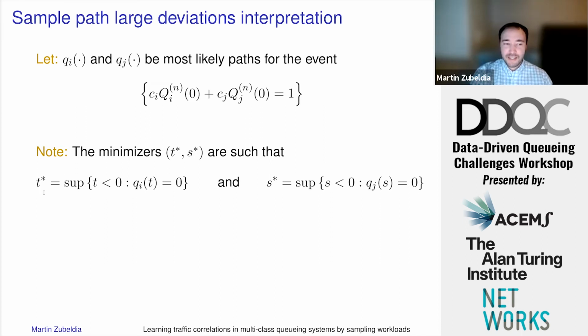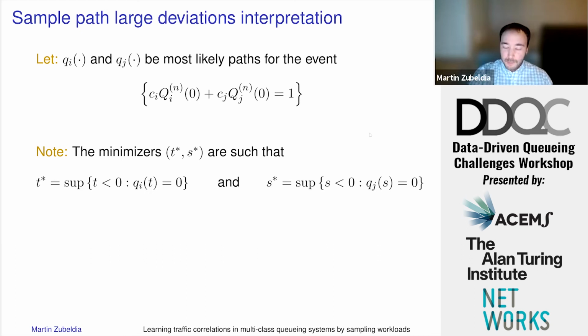So T star is the last time that the Q was at 0, given that this event occurred, given that at time 0 this linear combination is equal to 1. And the same for S star, the start of the busy period of the jth Q that contains time 0, so the last time that it was 0.